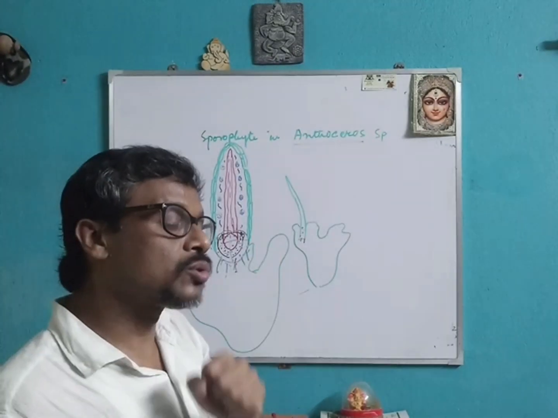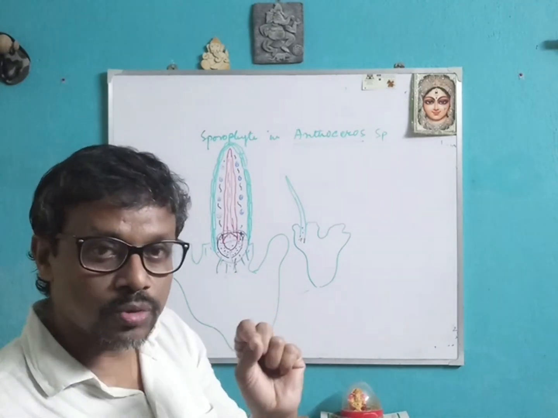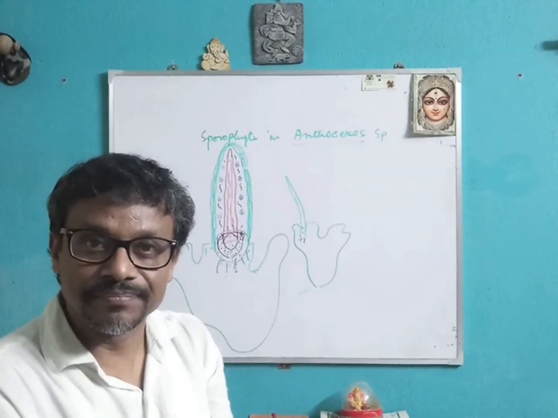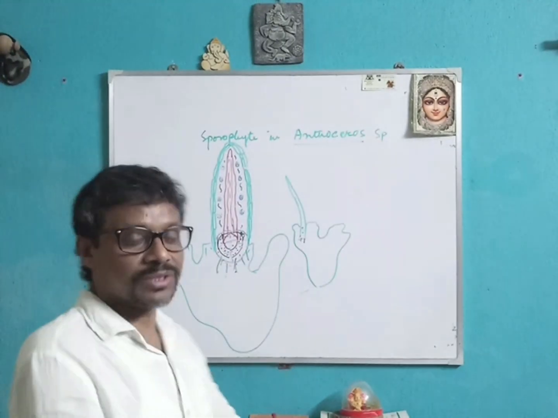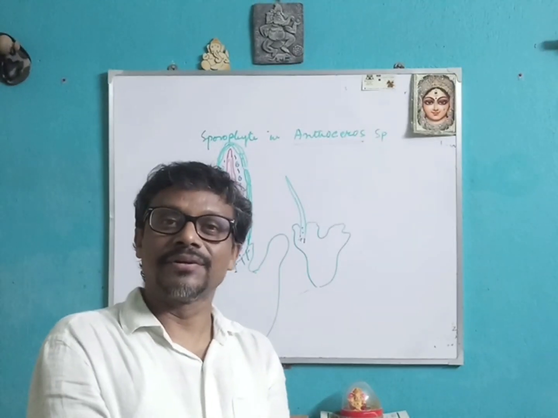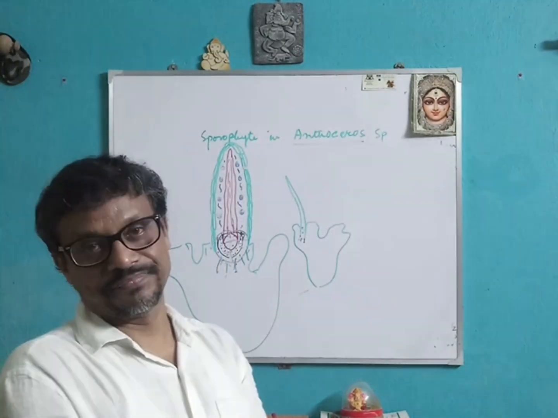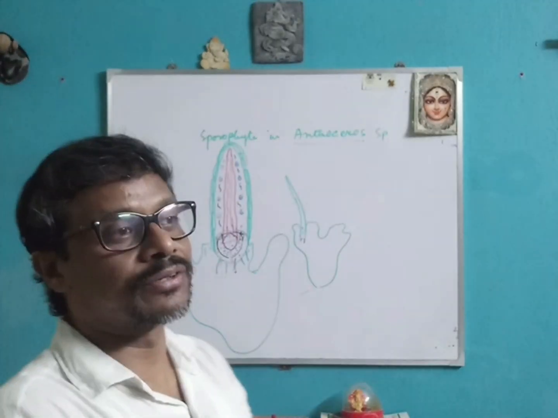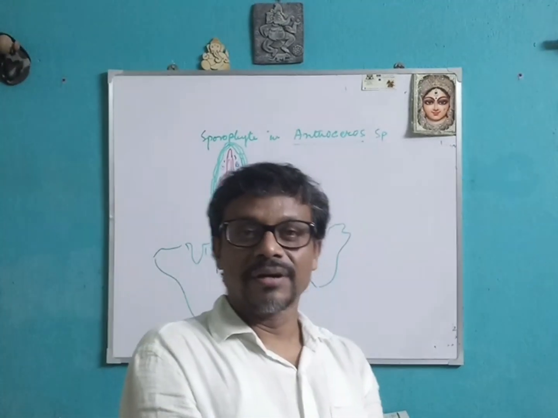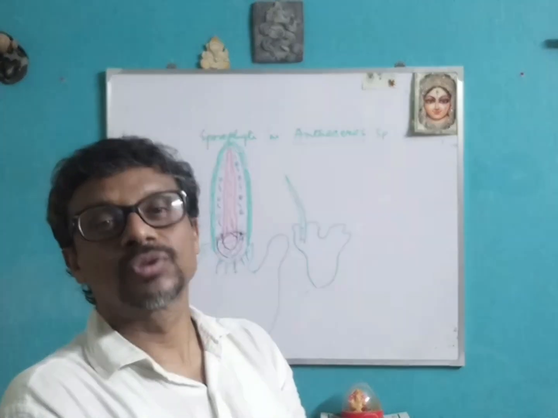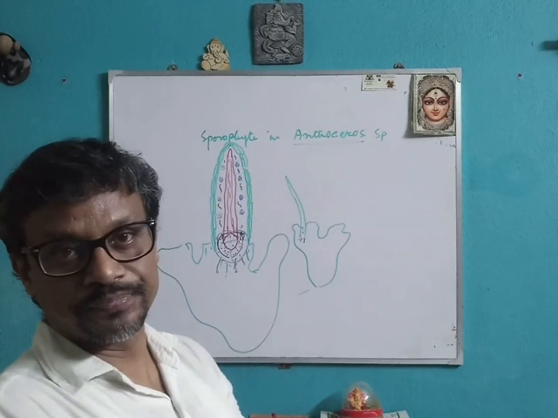Anthoceros also shows certain structures which resemble algae. There is the presence of chloroplast, and within the chloroplast a pyrenoid is present, which resembles algae. The presence of columella and certain cells like the tracheary element resemble the plant group pteridophytes, which show conducting tissue.